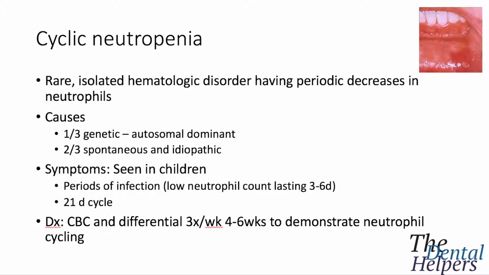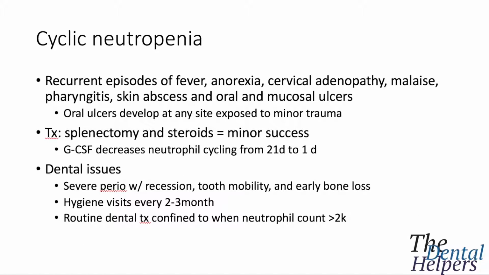You want to diagnose by doing a CBC and a differential. Basically, you want to get their CBC three times a week for 4 to 6 weeks. This is going to allow you to see how the neutrophil counts change within that 21-day cycle.